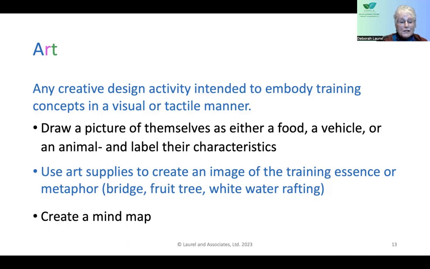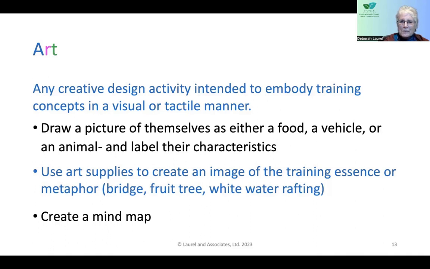We can use art supplies to create an image of the training essence or a metaphor. For example, if you're teaching supervisors about helping to nurture employees, you can bring a small fake tree. This is material heavy, I'll admit that. You can get these miniature ones.